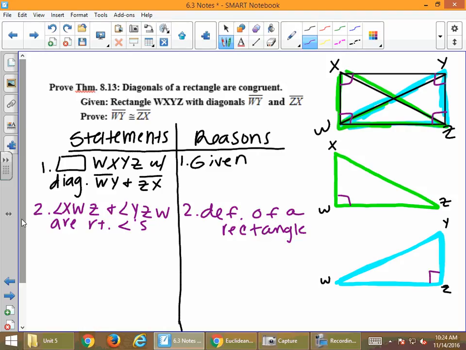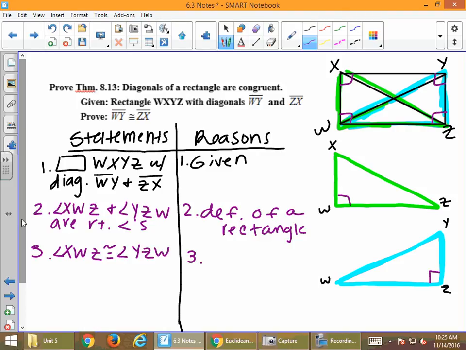There's one piece, an angle. Well, what do we know about right angles? We're going to kind of lump this together. If they're both 90 degrees, we can say that those two angles are congruent. If they're both 90, then we know angle XWZ is congruent to angle YZW because they're both 90.